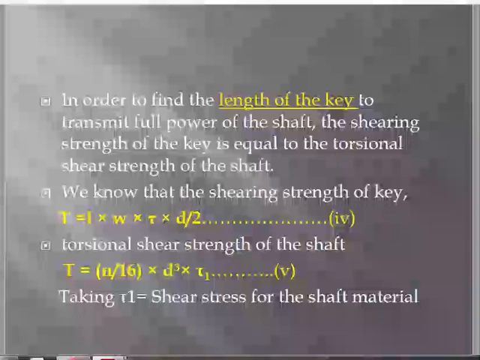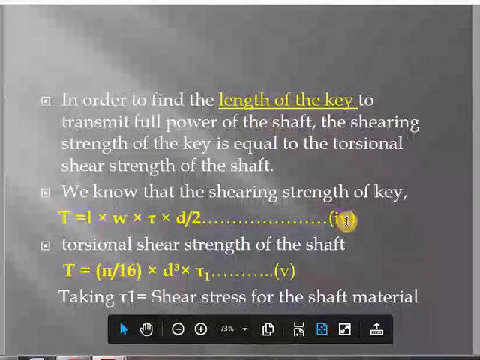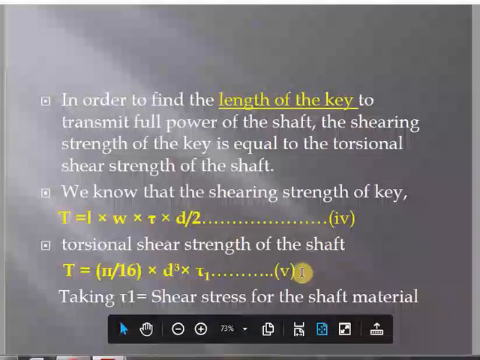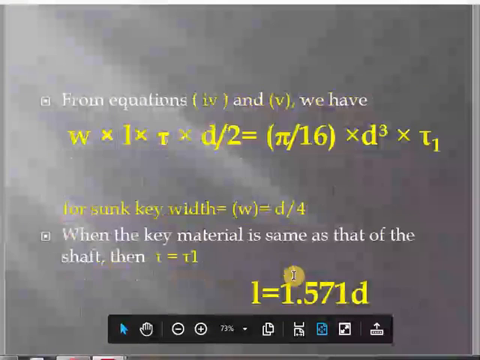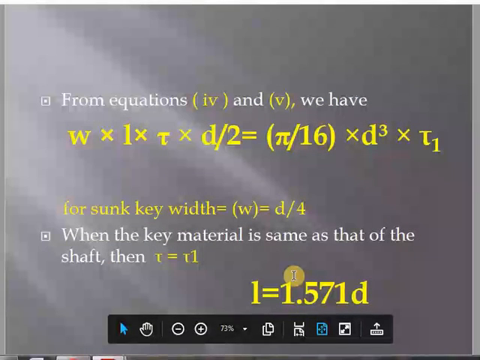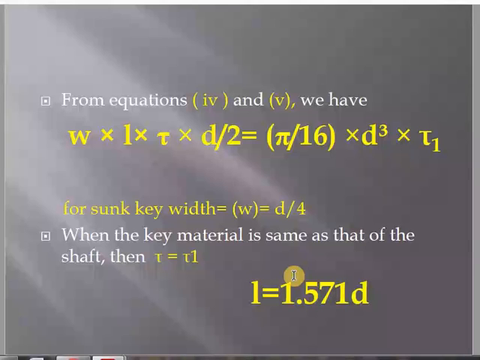So this is equation number 4 and this is equation number 5. From equation number 4 and 5, equating both equations, that is W into L into tau into D by 2 and pi by 16 into D cube into tau 1.